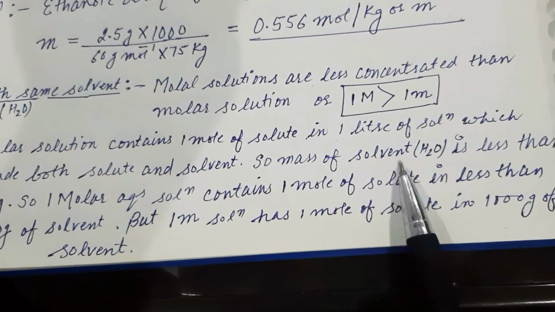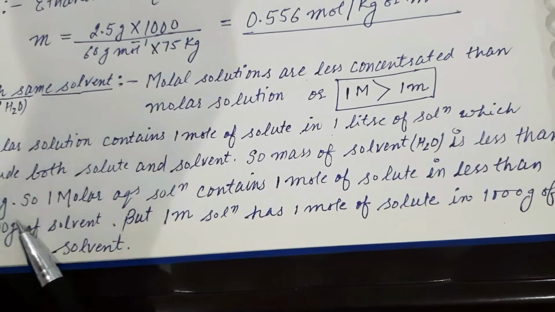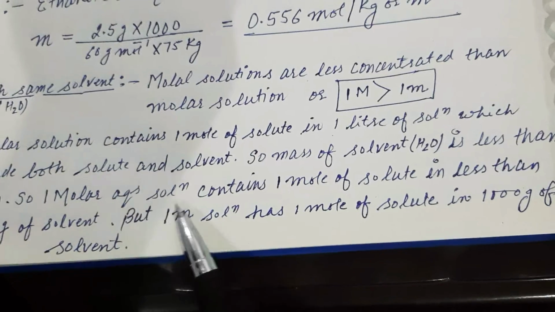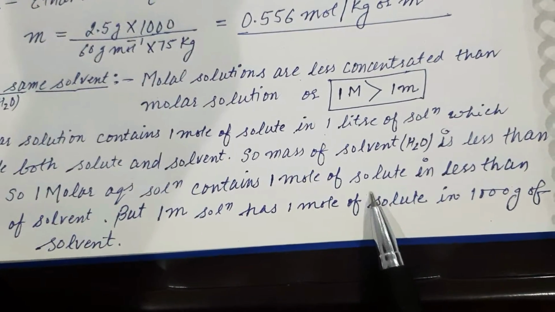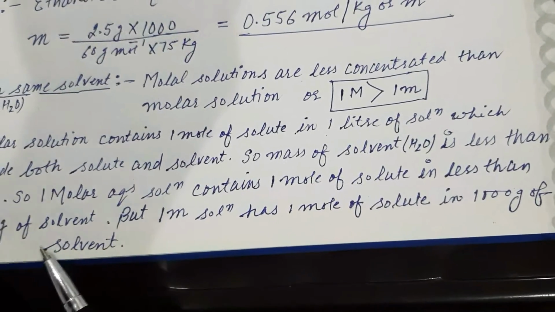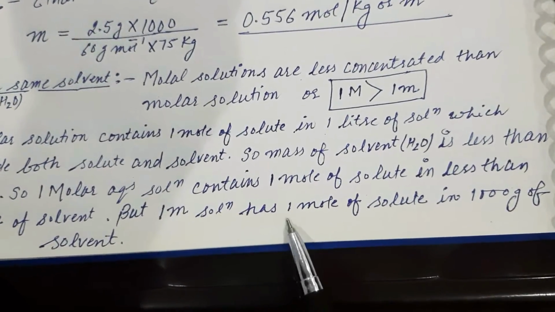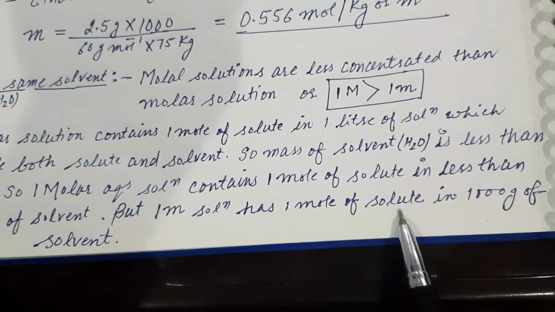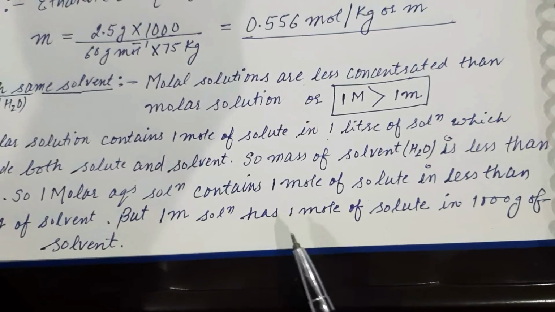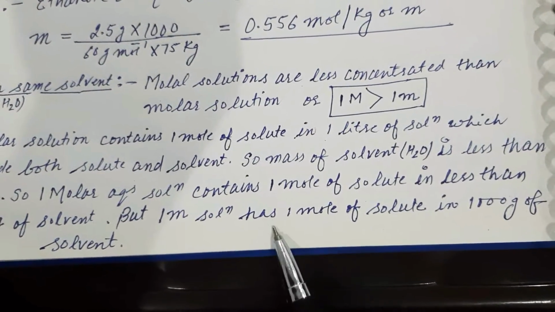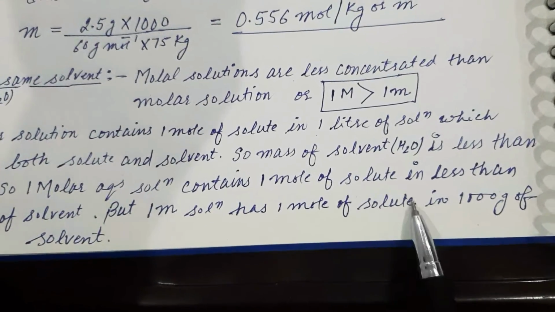So the mass of solvent is less than 1000 gram. So a 1 molar aqueous solution contains 1 mole of solute in less than 1000 gram of solvent, but a 1 molal solution has 1 mole of solute in exactly 1000 gram of solvent. So in this case, a 1 molal solution is more concentrated as compared to 1 molar.